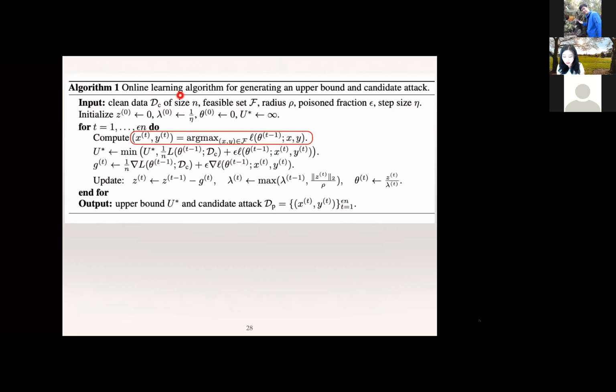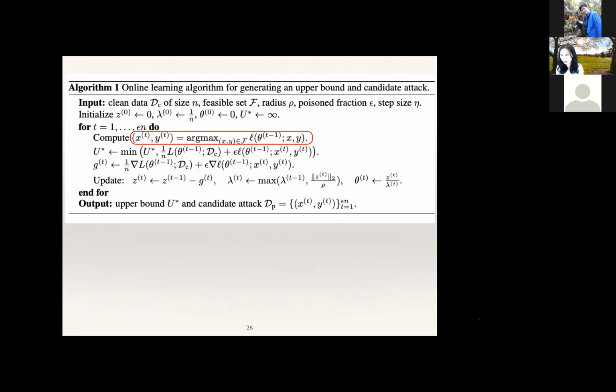But why is this an online algorithm? Only because your choice of x_t and y_t should also depend on your current model, theta_{t-1}. If the current model changes, then of course your poison data should change, because the loss function would change.